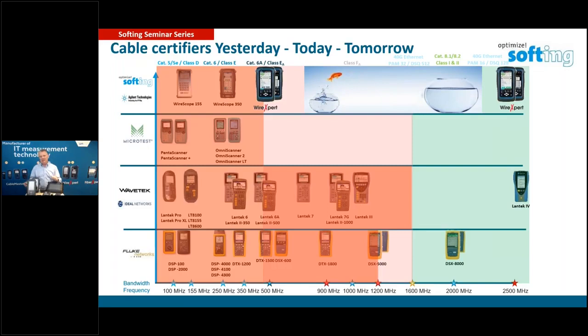You can send it in, we will replace the measurement board, and then you will get a brand new high performing Cat 8 measurement device. You can start with the smaller 500 megahertz version, and then you can go up to the 2500 megahertz version. That's unique.